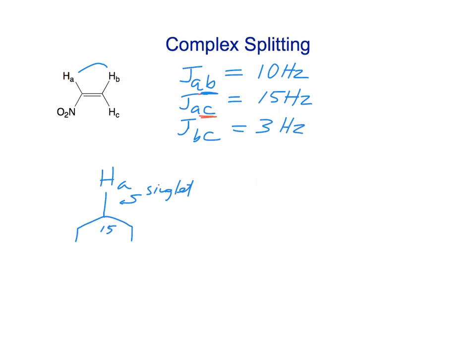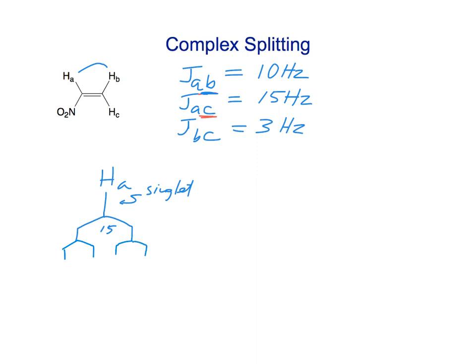Right? So we know that on this first one it was split by 15. So to go back to the middle would be 7.5, right? And if we split it by 10, it's going to be 5 on each side. So it's not going to quite go back to the middle. So this is going to go kind of like this, and this, and this.